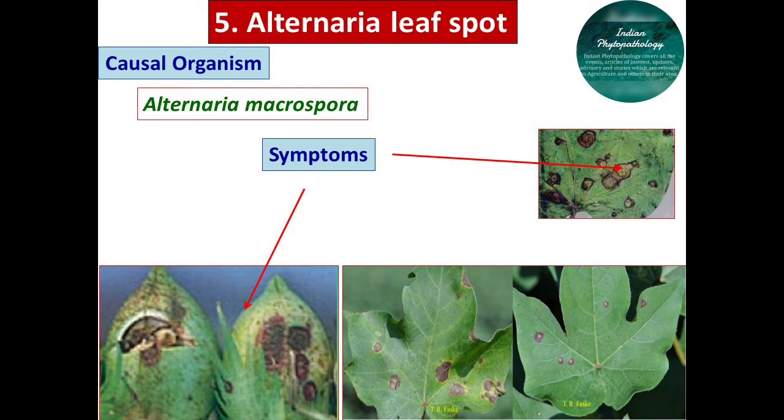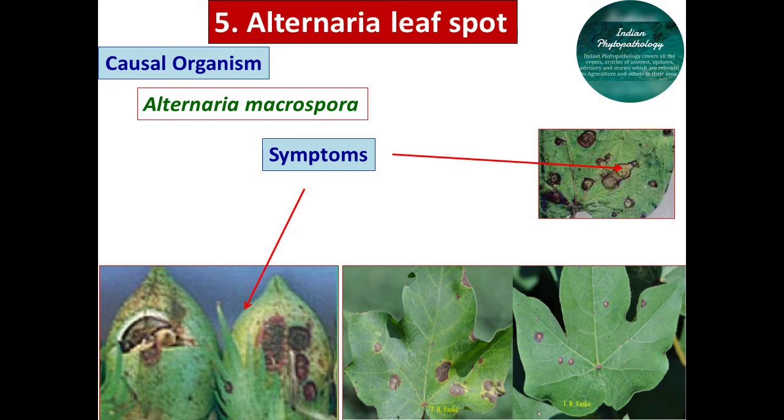Small brown round spots surrounded by a purple margin appear on leaves. On older leaves, the necrotic centers of the spots may be marked by a pattern of concentric zonation. So this is the particular identification mark of this Alternaria leaf spot. That means concentric rings are formed inside the spots, and all spots may come together and form big patches showing a blighted appearance.